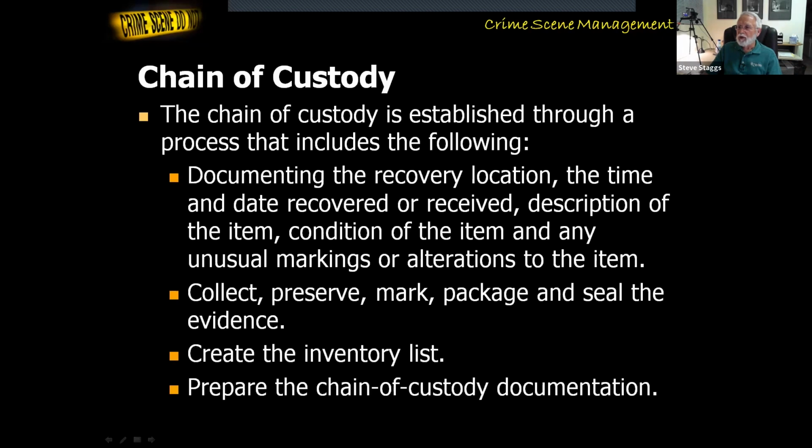It documents the recovery location, the time and date recovered or received, description of the item, inventory list, documentation. Now, what many agencies are doing now, I would say most, is they barcode their evidence. So there's 2 ways to do this. One is to barcode at the scene. So you actually have a roll of barcode stickers. You collect an item and you put the sticker on the package.